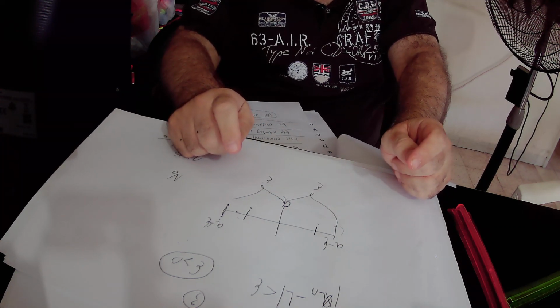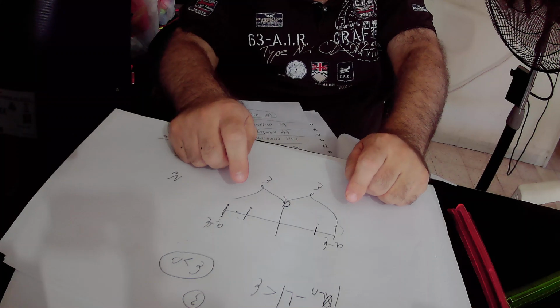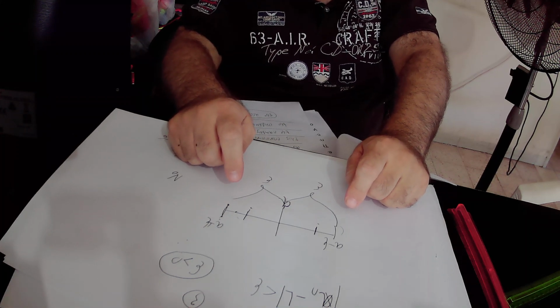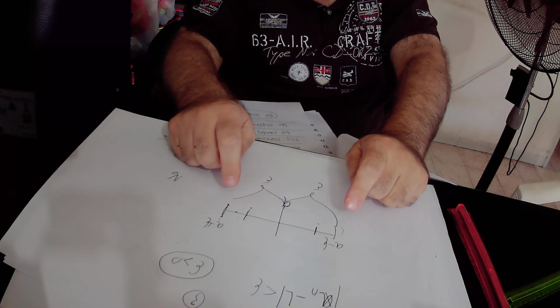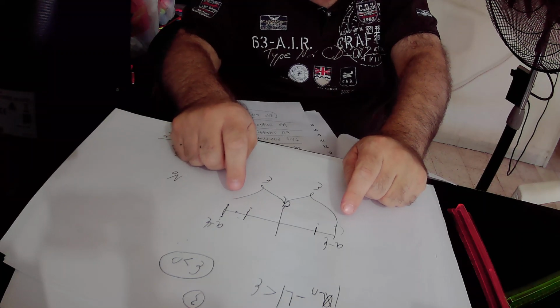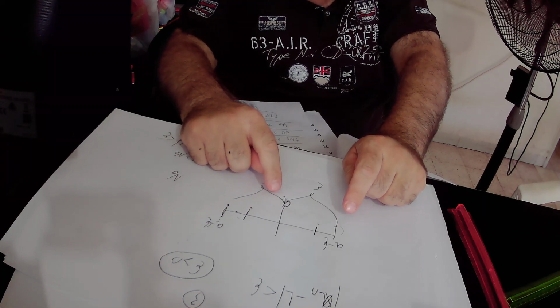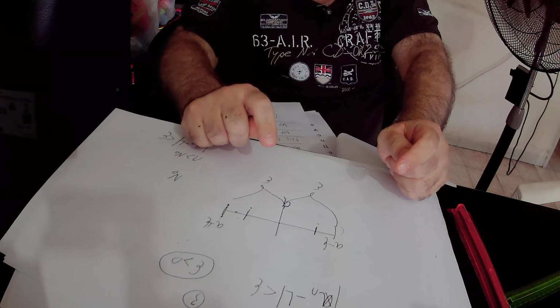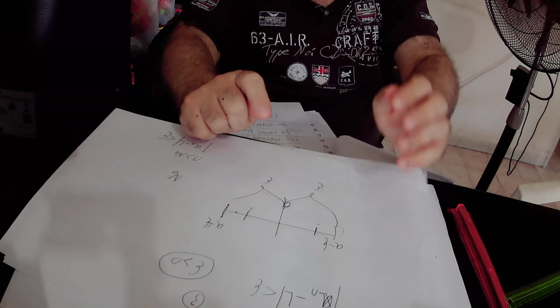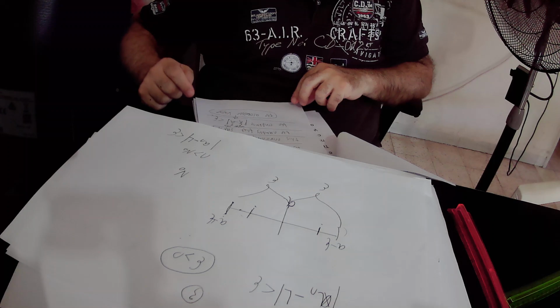And therefore, because infinite members of the sequence are located inside those two brackets, in the vicinity of A, A is the limit of the sequence. Okay?